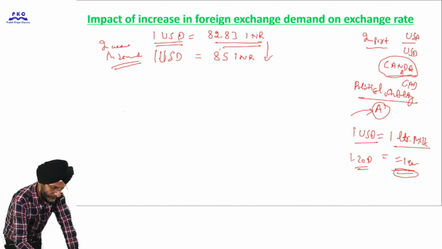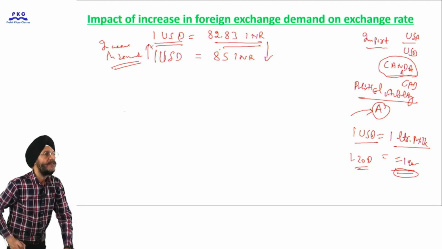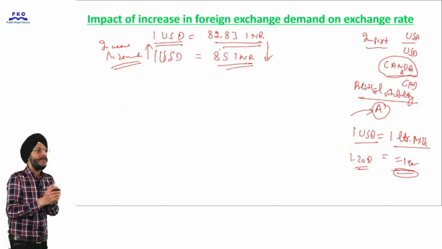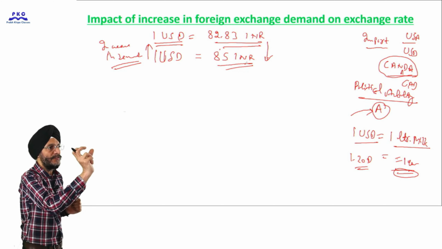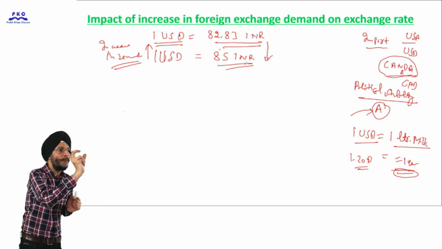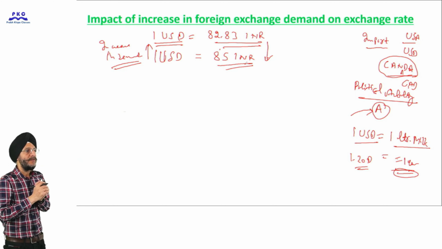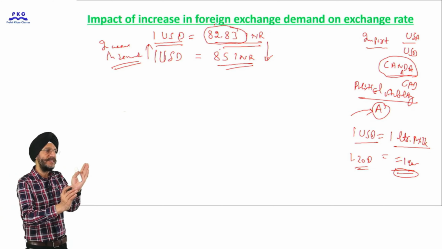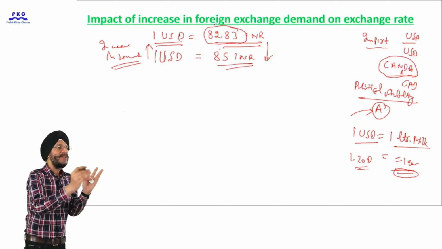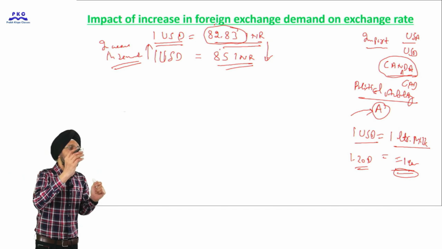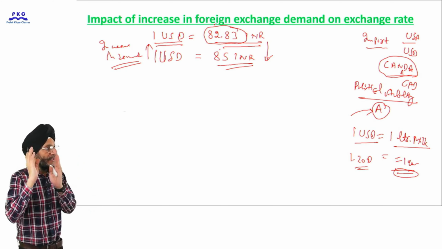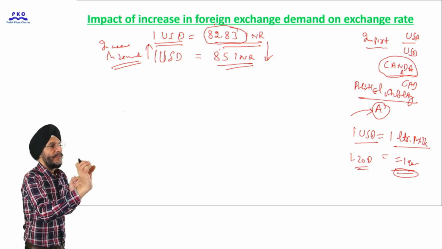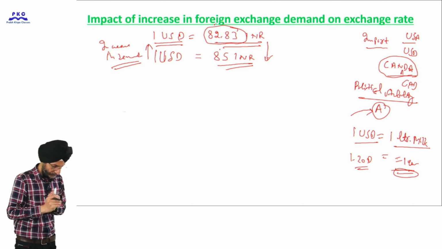The value of foreign currency has increased. We are from India, so the value of domestic currency is decreasing because to get 1 US dollar, we will have to pay 85 Indian rupee, which earlier we used to pay 82.83. And on the other hand, the residents of USA will get 85 rupees in return of 1 US dollar.